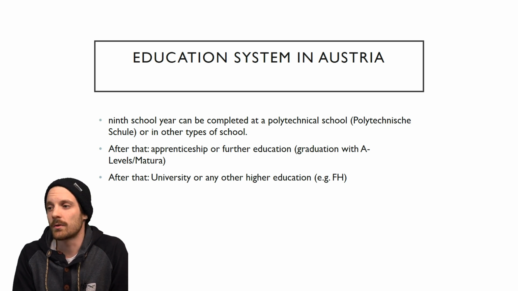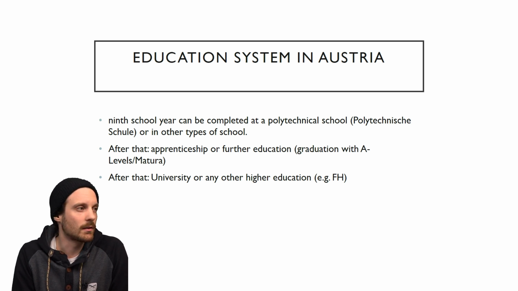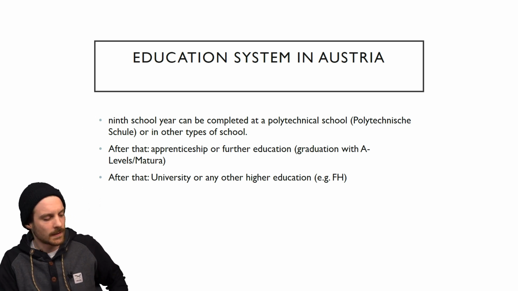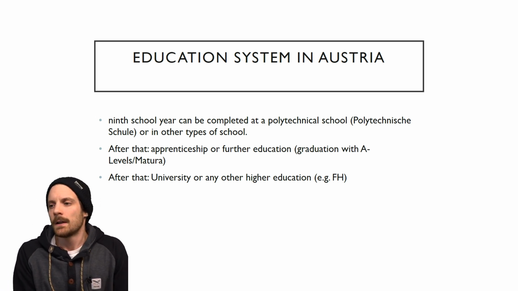Other types of school, for example, are the grammar school I've mentioned, gymnasium, or other school types that last 5 years, in comparison to the grammar school, which lasts only 4 years in the secondary grade.